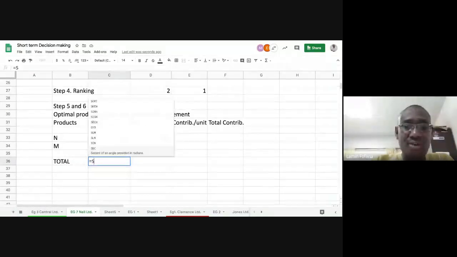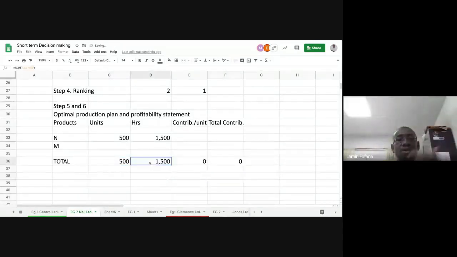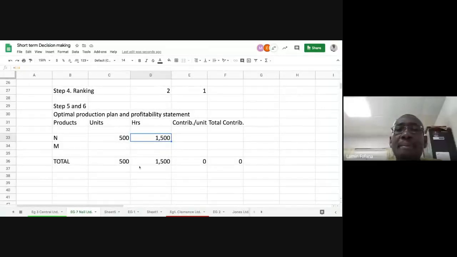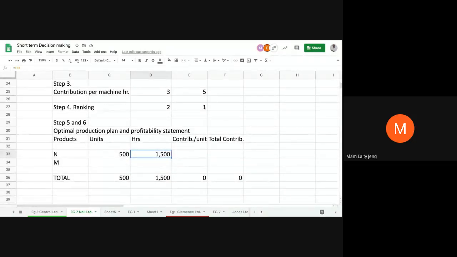So we say equals sum, bracket opens, we calculate this, close the bracket, and enter. So far we have 1,500. What will be the balancing number of hours after 1,500?